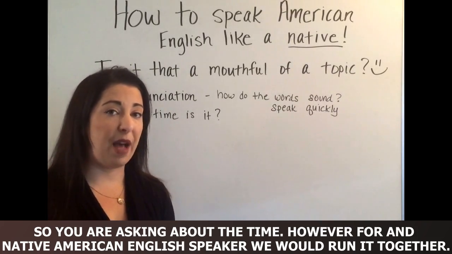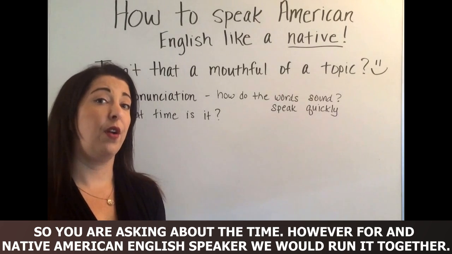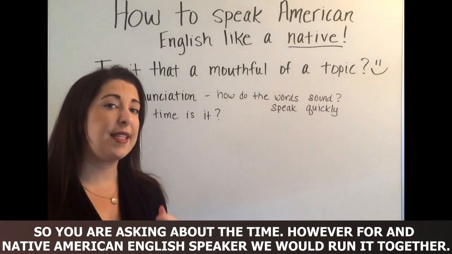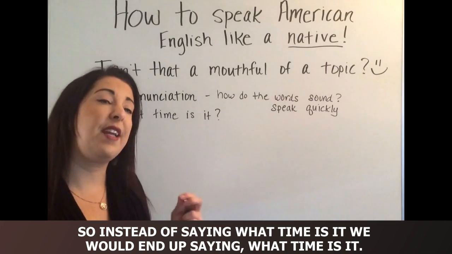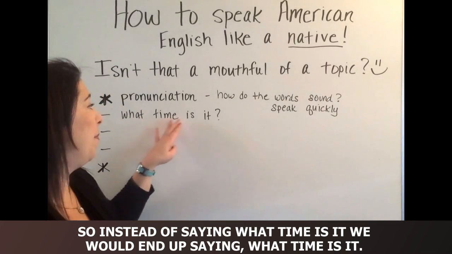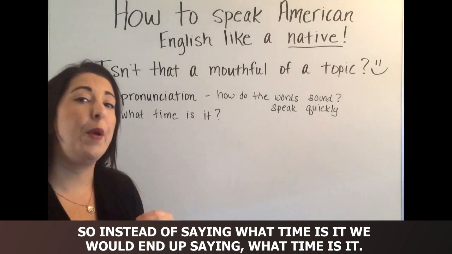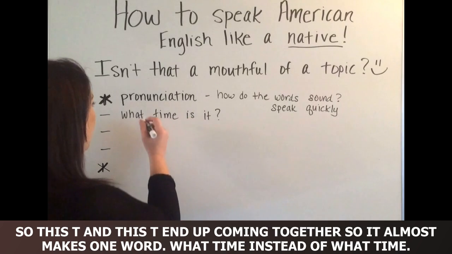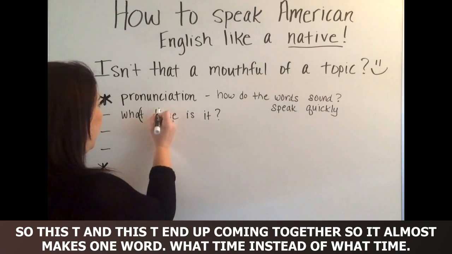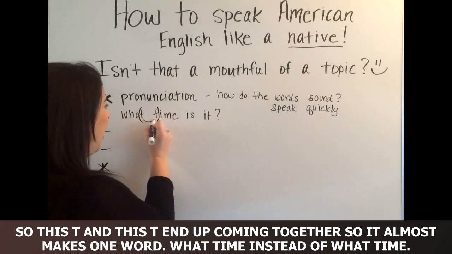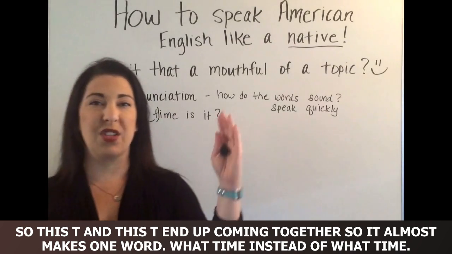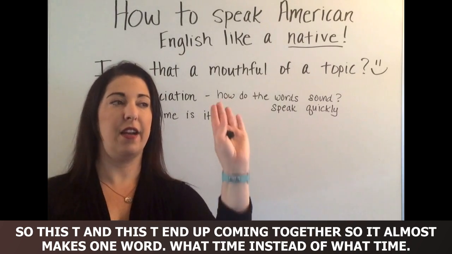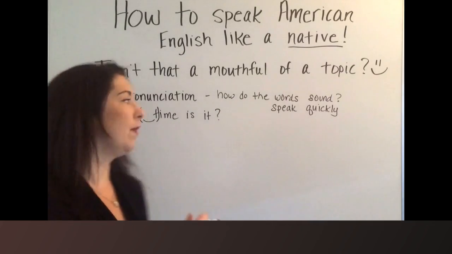So you are asking about the time. However, for a native American English speaker, we would run it together. So instead of saying, what time is it? We would end up saying, what time is it? So this T and this T end up coming together. So it almost makes one word, what time, instead of what time.